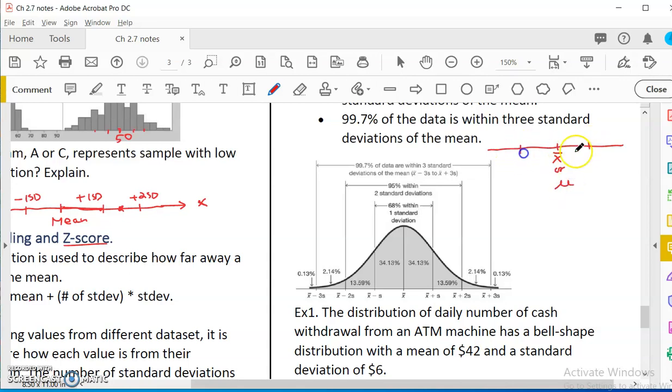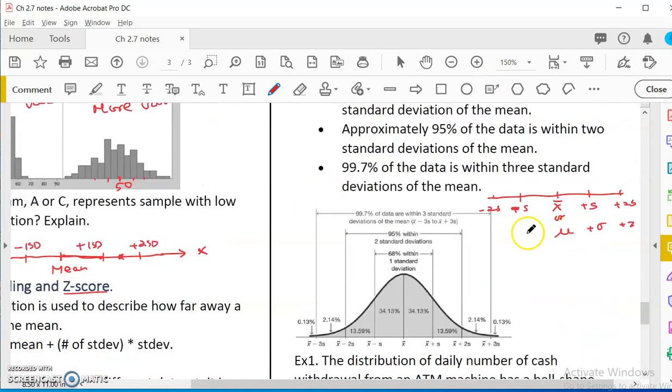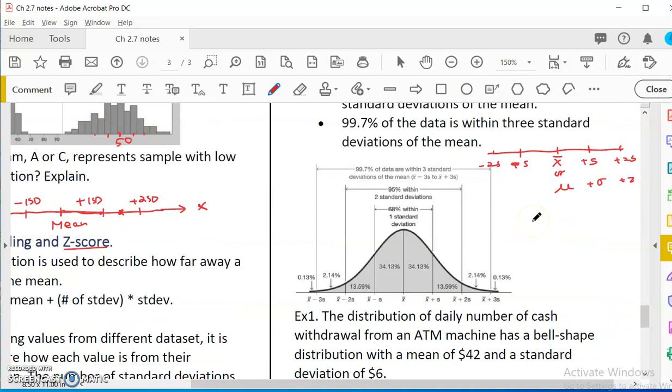And then this would be 1 standard deviation away, plus 1 SD, plus S, this is minus S, and then plus another S, 2S, minus 2S, or plus sigma, plus 2 sigma, and minus 2 sigma.